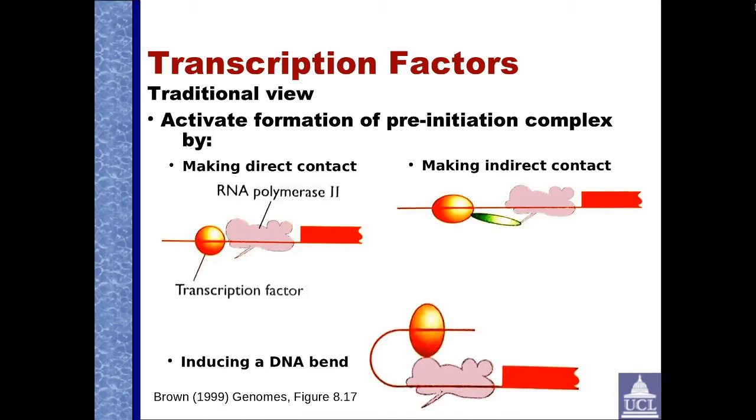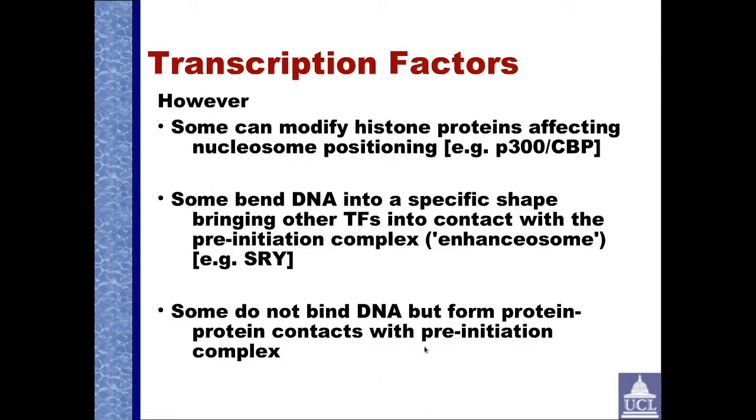So the traditional view is that transcription factors activate formation of pre-initiation complexes by either making direct contact with polymerase 2 or making indirect contact, so the transcription factor binds to the DNA, that interacts with another protein, which in turn interacts with RNA polymerase 2, or they can introduce some sort of DNA bend.